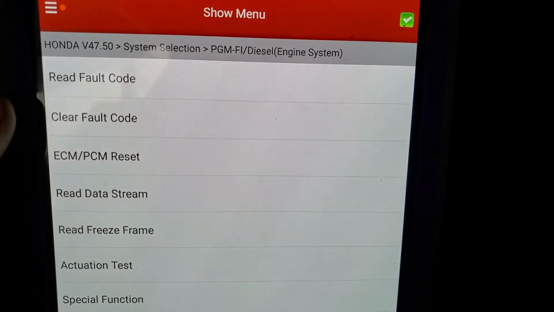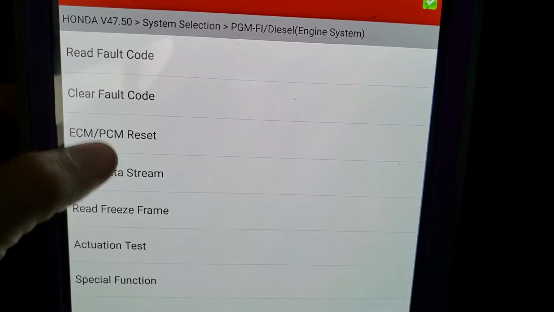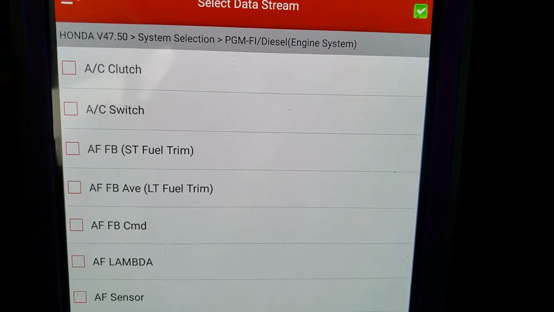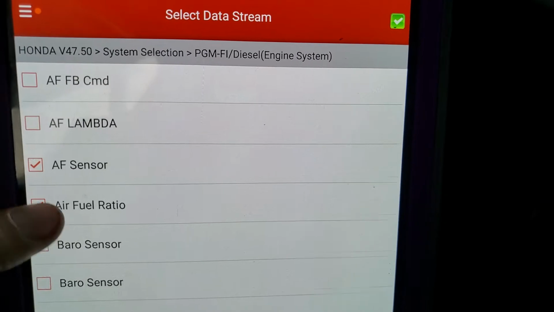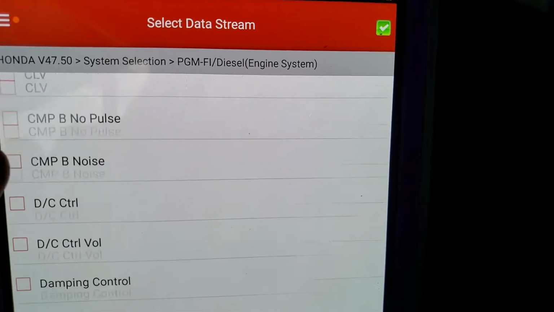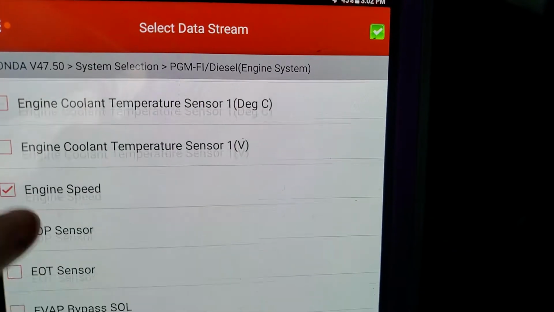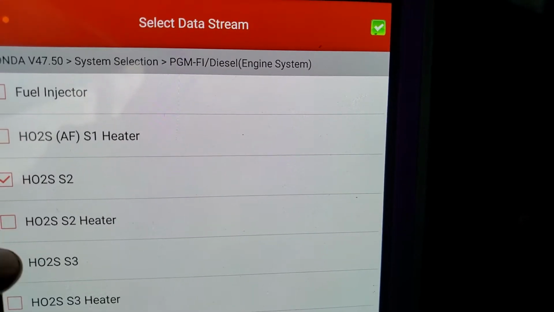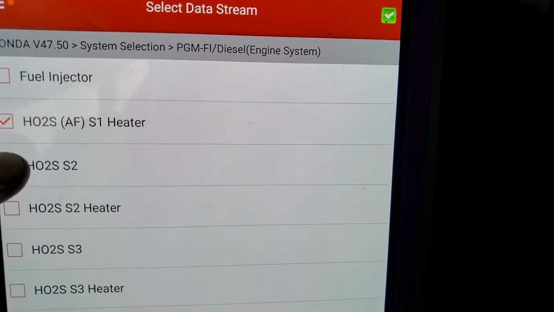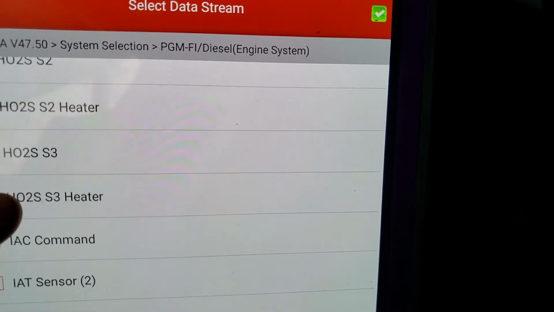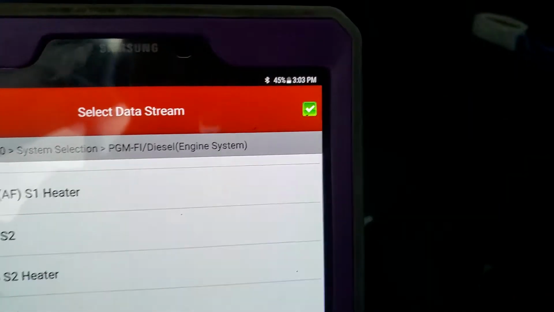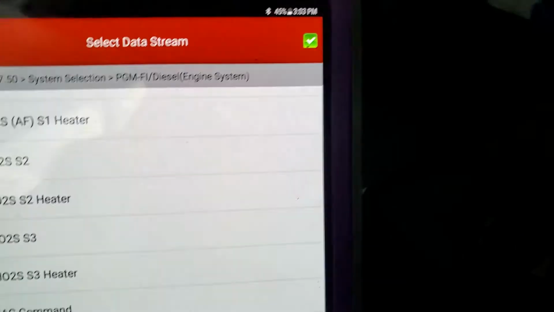We're only going to be selecting whatever is related to all the air fuel sensors pretty much. Okay, check that one, select that one.